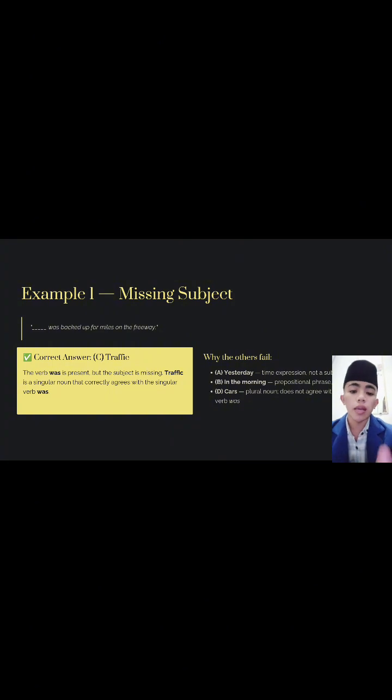Why do the others fail? A, yesterday, is a time expression, not a subject. B, in the morning, is a prepositional phrase, not a subject. D, cars, is a plural noun that does not agree with the singular verb was. So this is the reason for the answers.